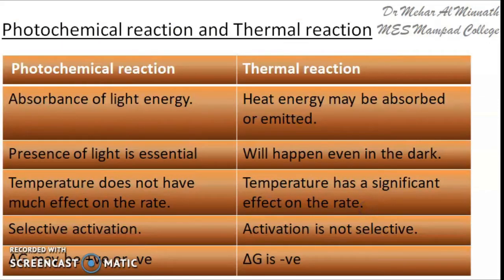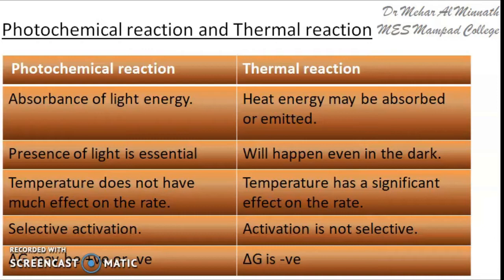Now, let us see what are the differences between photochemical reaction and thermal reaction. Those normal, usual reactions which do not need any light radiation are called thermal reactions. Majority of the reactions fall under this category. What are the major differences between a photochemical reaction and thermal reaction?